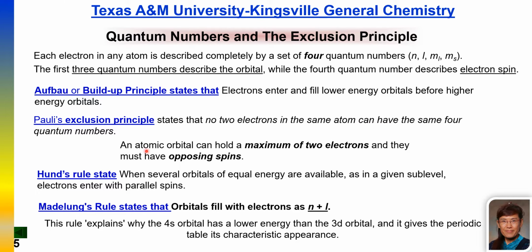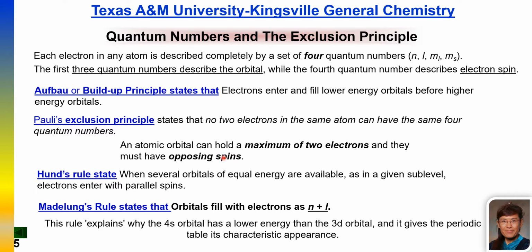In other words, an atomic orbital can hold a maximum of 2 electrons, and these 2 electrons must have opposite spins. One spin up, the other must be spin down. One clockwise spin, the other must be counterclockwise spin.